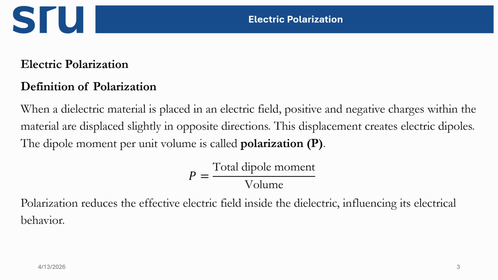Now, electric polarization. Inside the materials there are different kinds of charges, positive and negative. When placed in an electric field, these positive and negative charges displace slightly in opposite directions.